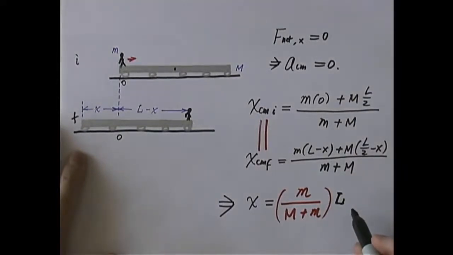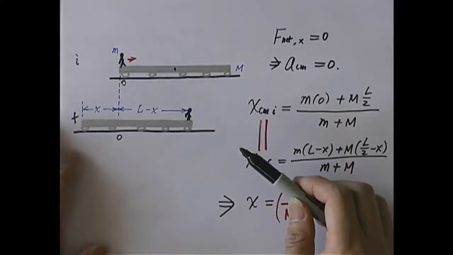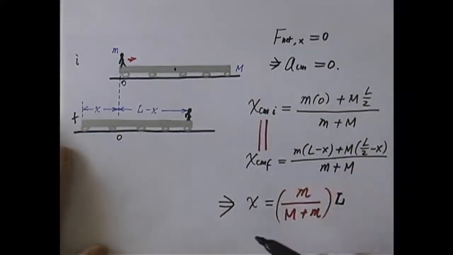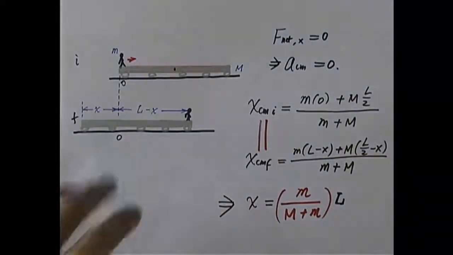You can also do this problem using the concept of conservation of linear momentum, because after all, the force between the person and the car is internal, so therefore, due to the lack of external force in the horizontal direction, for the system, the linear momentum is conserved. So I can say the linear momentum of the person must cancel with the linear momentum of the car, because initially they have no linear momentum.